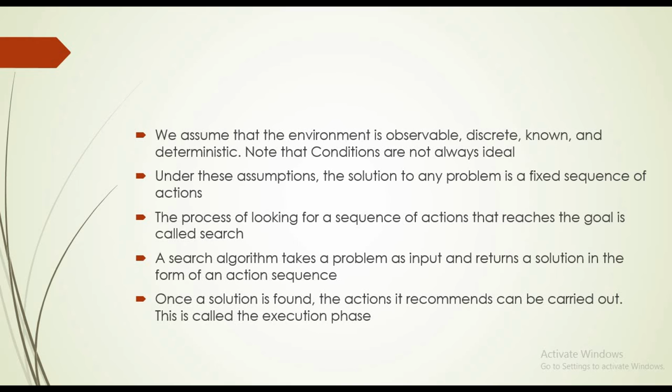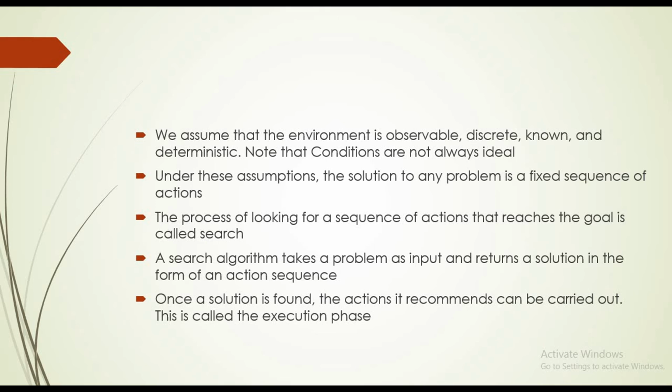So for us to be able to do this in terms of formulating these goals, we have to make certain assumptions on the environment. We assume that the environment is observable. That is, the agent knows the current state which it can observe. And we also assume it is discrete.